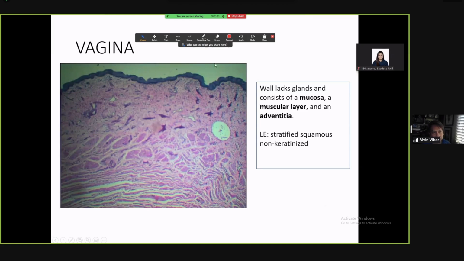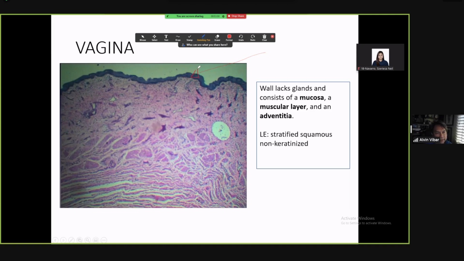Take note that one guide for you to identify this one is the very thick muscular layer. That will help you to remember the organ. Very thick muscular layer, and I'm sure by this time, you know how to identify a stratified epithelium.